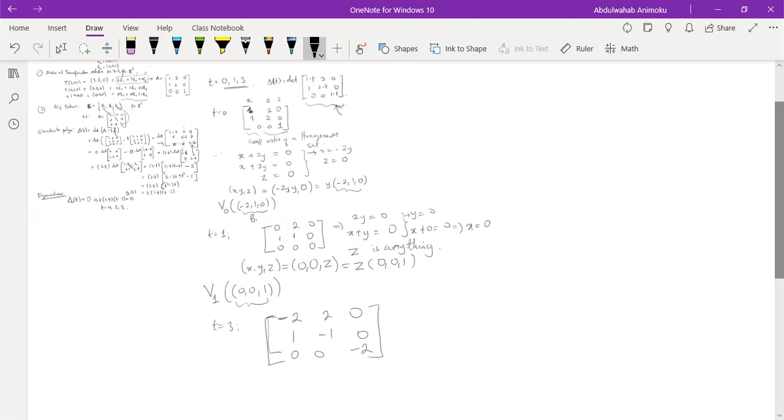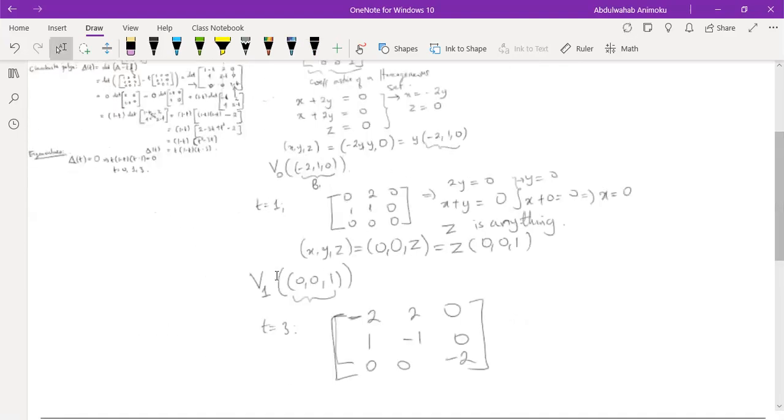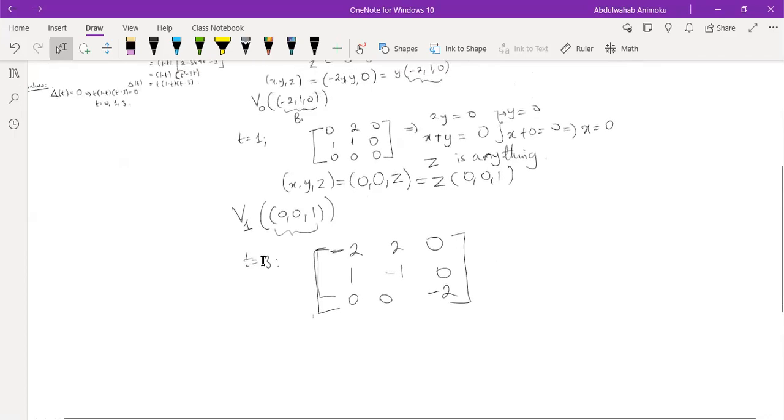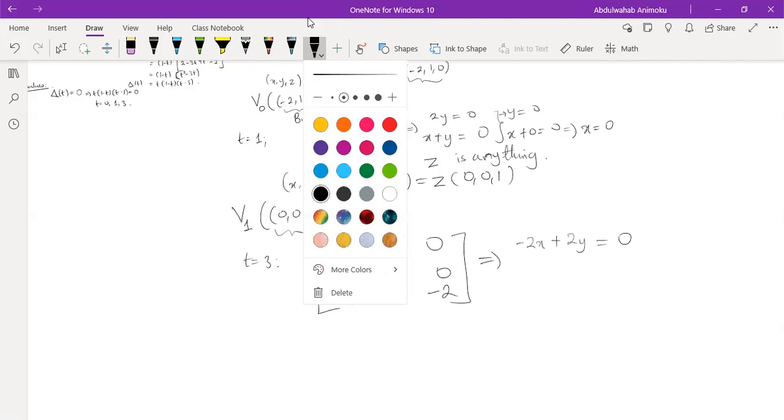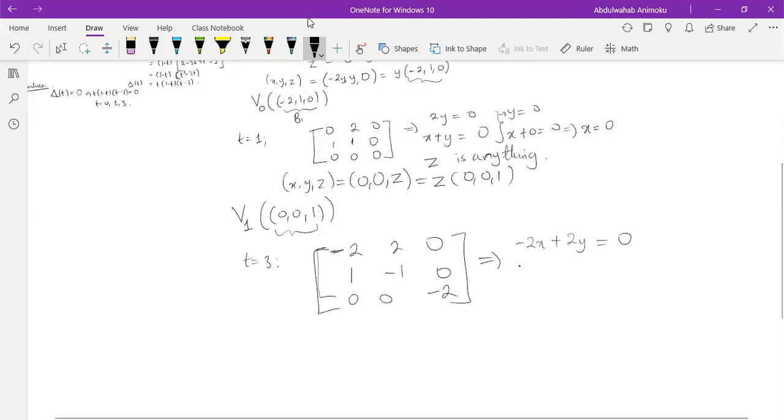So what does this tell us now? Let's zoom in and focus on this. We have minus 2x plus 2y equal to 0. And what else? It means we have x minus y equal to 0.